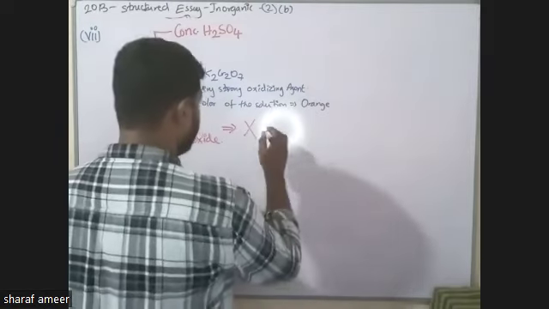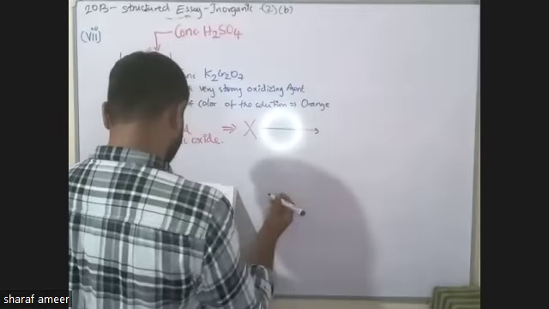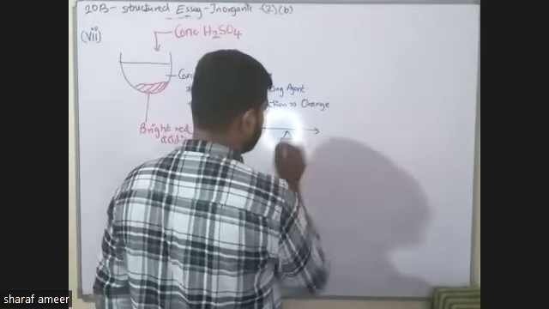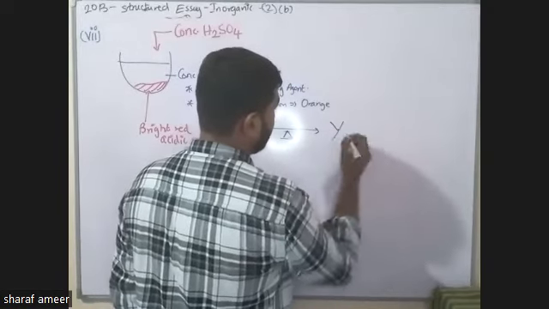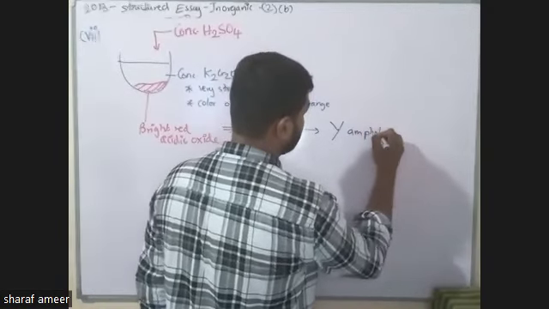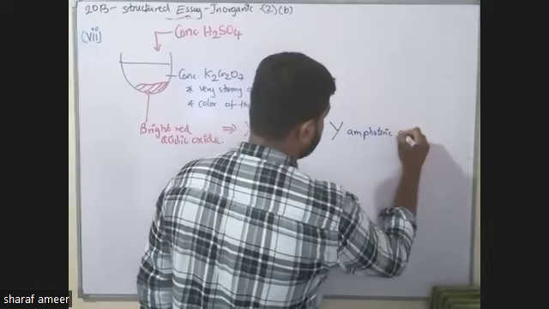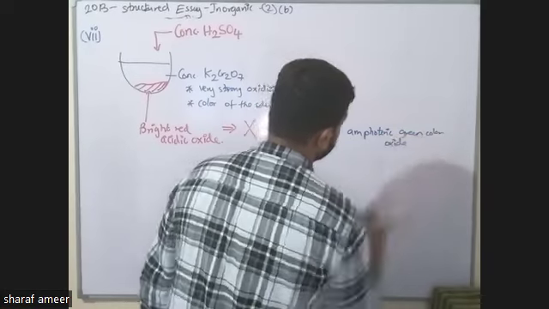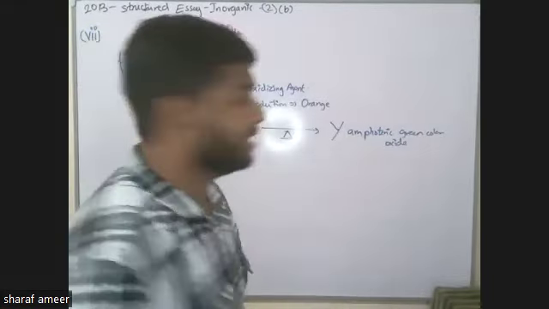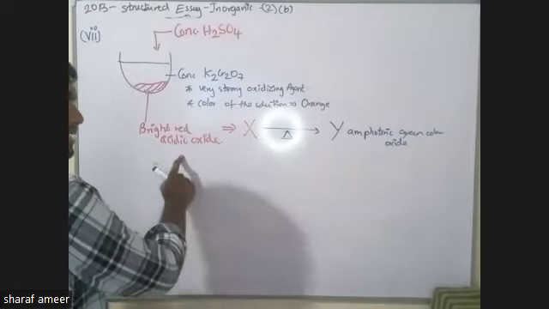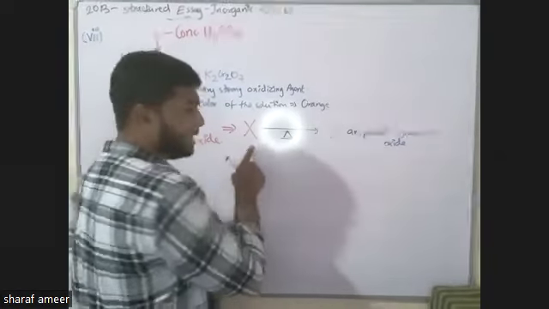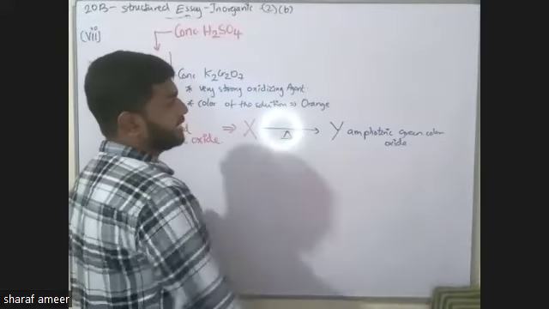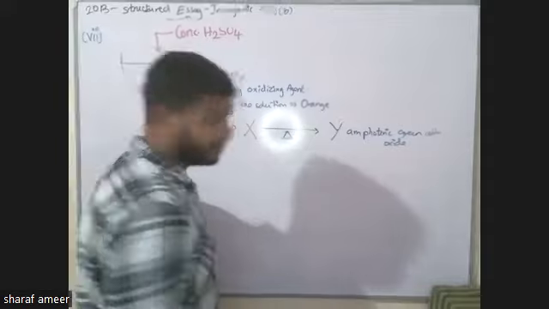Once you heat this, you're going to get Y, which is an amphoteric green color oxide. So from the bright red acidic oxide X, under heating, it goes to the amphoteric green color oxide.